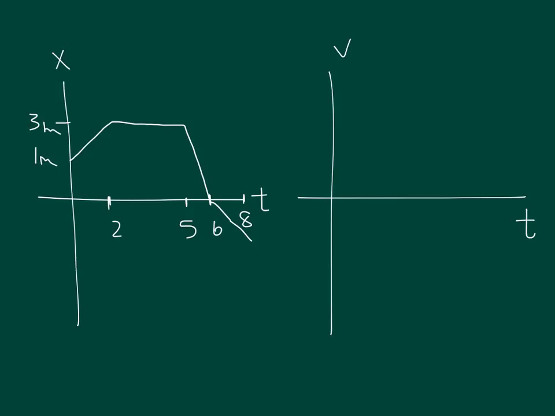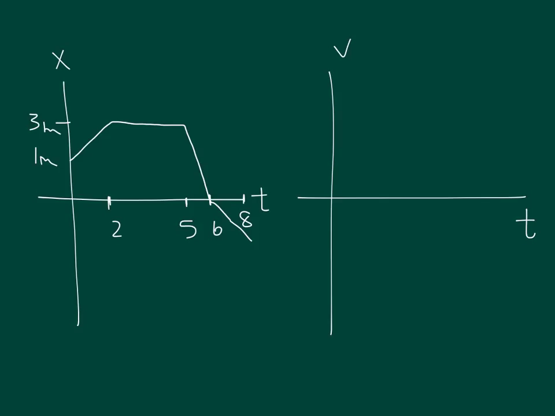Remember we talked about the slope of the line being velocity for this graph? You got to really recall this information. So you move away from the origin, again, with a positive velocity for 2 seconds, because the slope is positive. Then the slope is a flat line, which is 0 slope, so you have 0 velocity, so you're not moving for 3 seconds. Then you run back to the origin in 1 second. Then what happens after that?